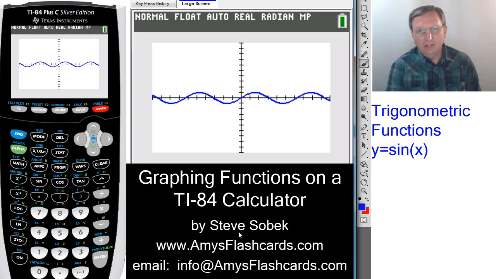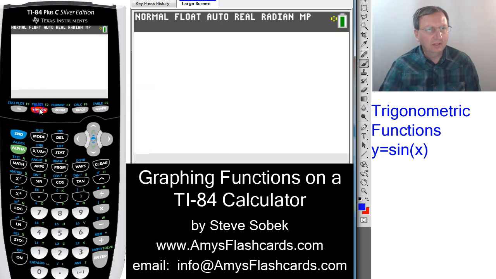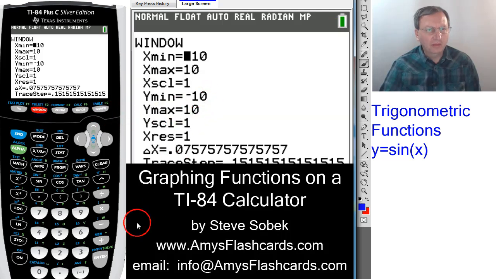Those of you who covered trigonometric functions, let me just remind you that these are periodic functions. They repeat over and over and over again. The tip I would want to share with you is the window that you select. This would be suitable here, although I might want to bump my y max and min down to 3s.